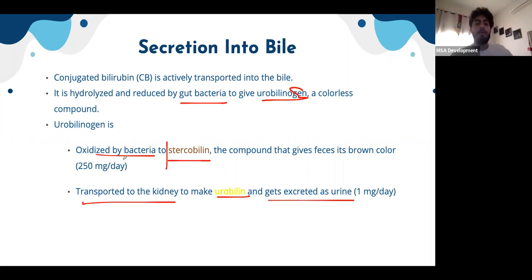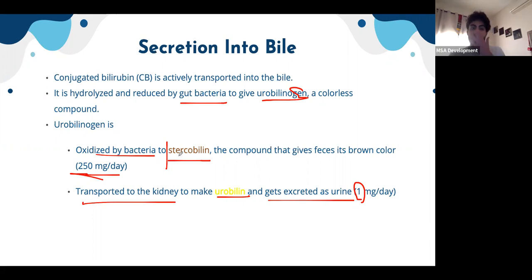Okay. But mostly, if you look at the different amounts we get, it's 250 a day we get from stercobilin, while here we only get one. So you see that mostly it gets oxidized in the small intestine by the bacteria to stercobilin, and urobilin doesn't happen as much as stercobilin does.